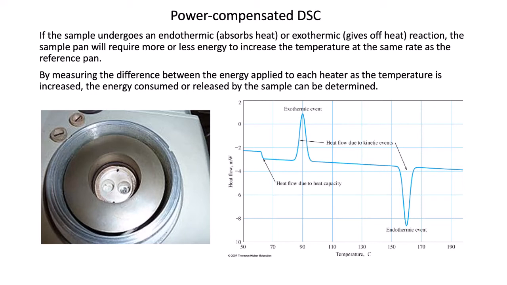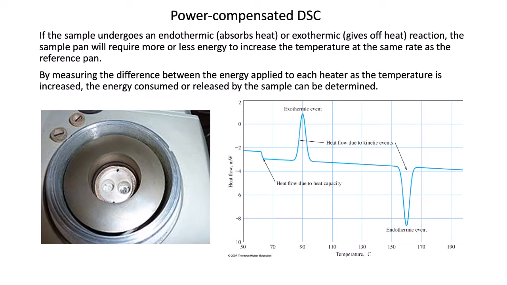Here we show a photograph of the two furnaces located down inside of the large heatsink. One side is the reference furnace and the other is the sample furnace. So in a power compensated DSC, if the sample undergoes an endothermic reaction where it absorbs heat, or an exothermic reaction where it gives off heat, the sample furnace will require more or less energy to increase the temperature at the same rate as the reference furnace.